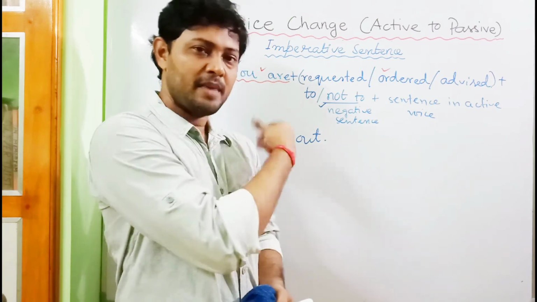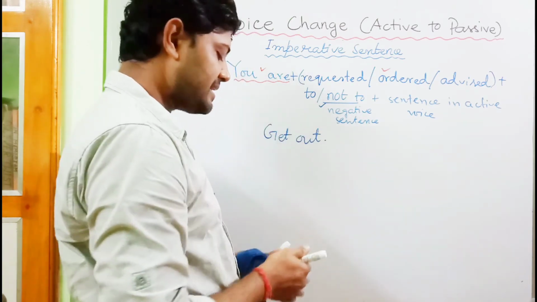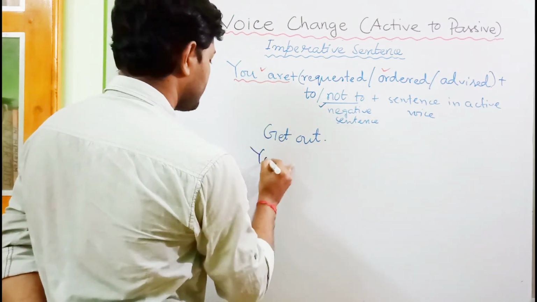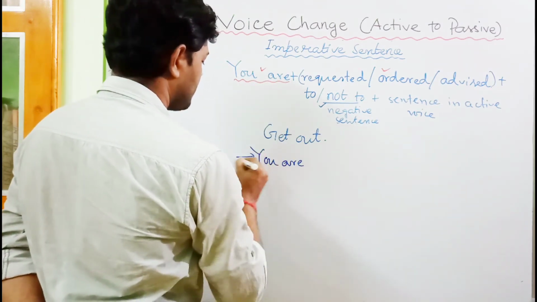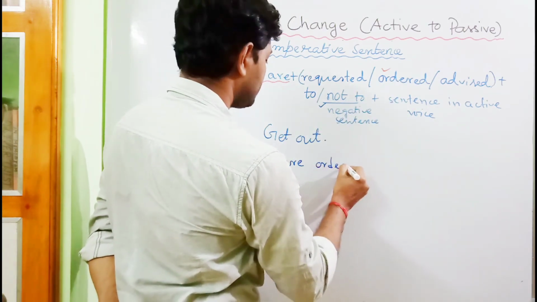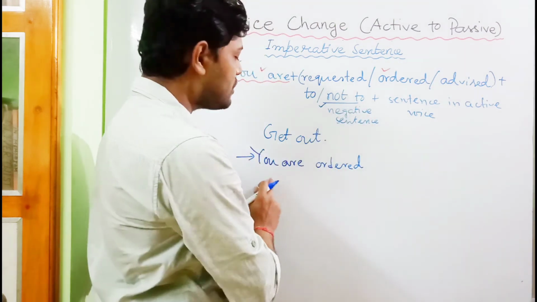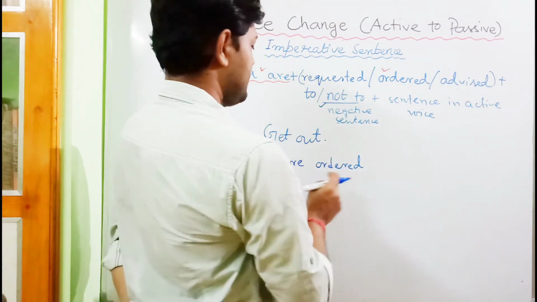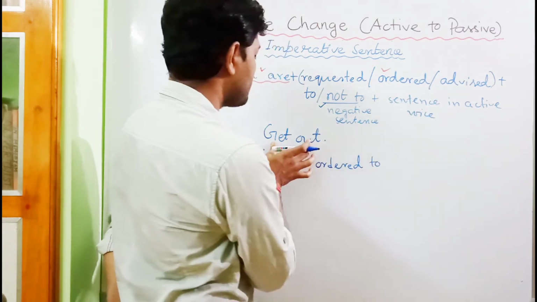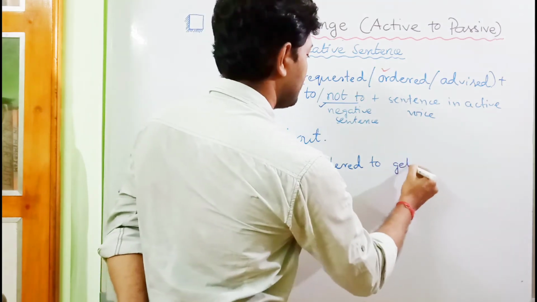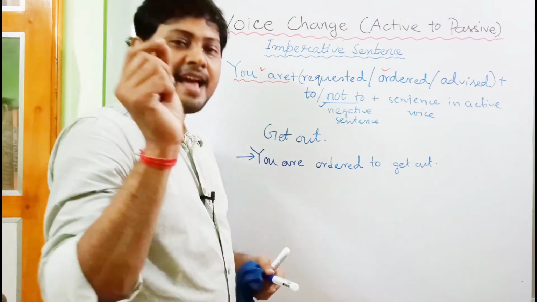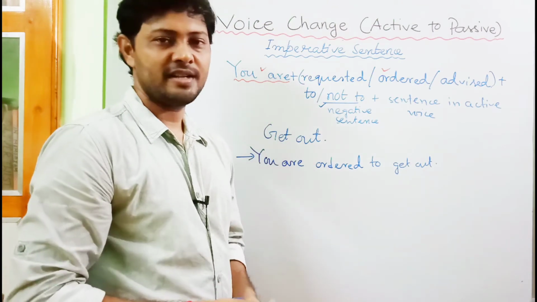So here is no object, but we can change this using the second method. How can we do it? First we will write "you are." Then we have to write here "ordered." You are ordered. Then we have to write "to," as it is an affirmative sentence. After that we have to write the full sentence, get out. You are ordered to get out. So this is the advantage of the second method.